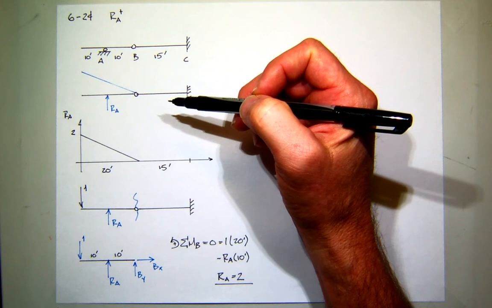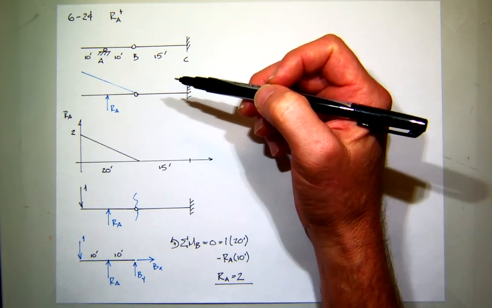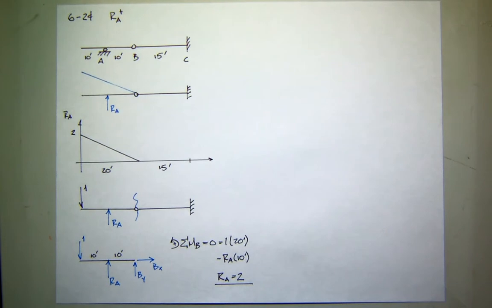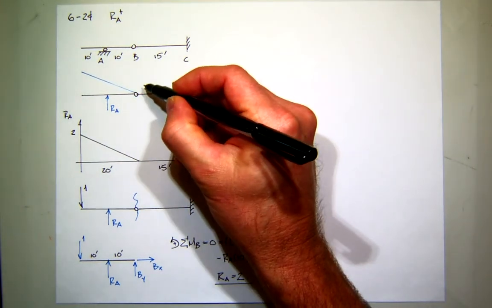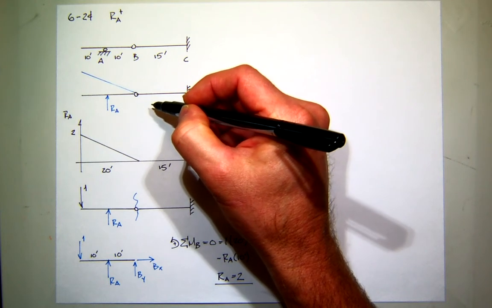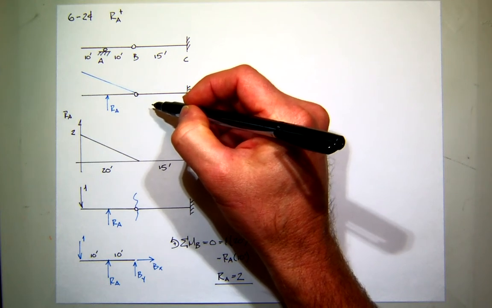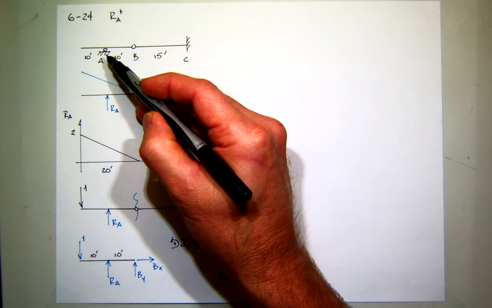This is a perfectly valid problem. So let's finish it. I try to reserve the word hinge for an internal portion of a beam that does not have moment capacity. And something like this I would call a pin, or in this case I would call it a roller.